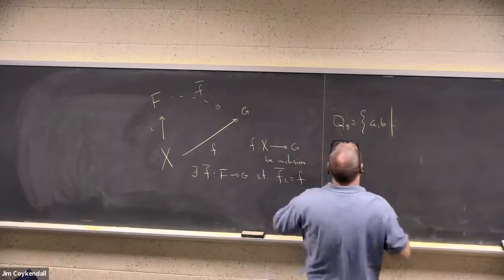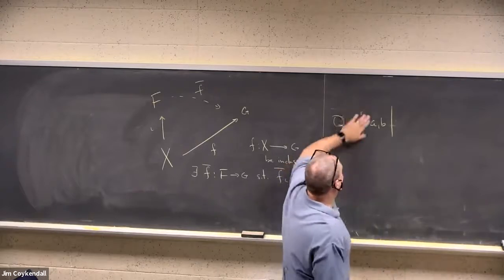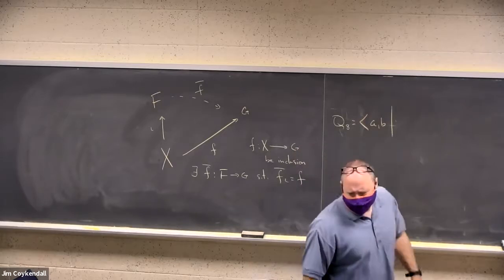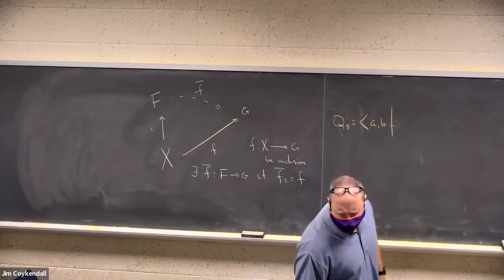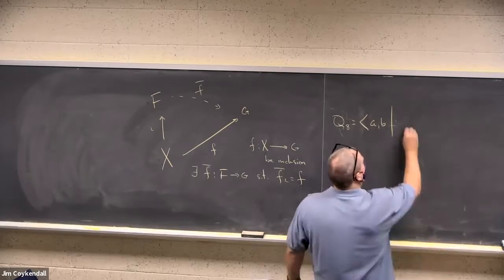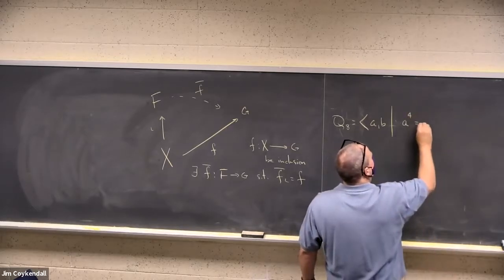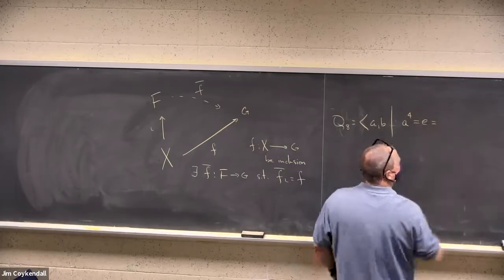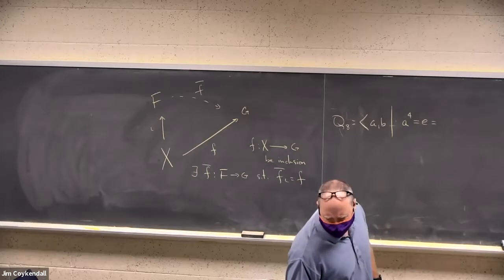This, let me remind you, is the fraternity group. This is generated by A and B, and we're at A4. Well, I'll write this out since there's more than one. I'll clarify this a little bit.